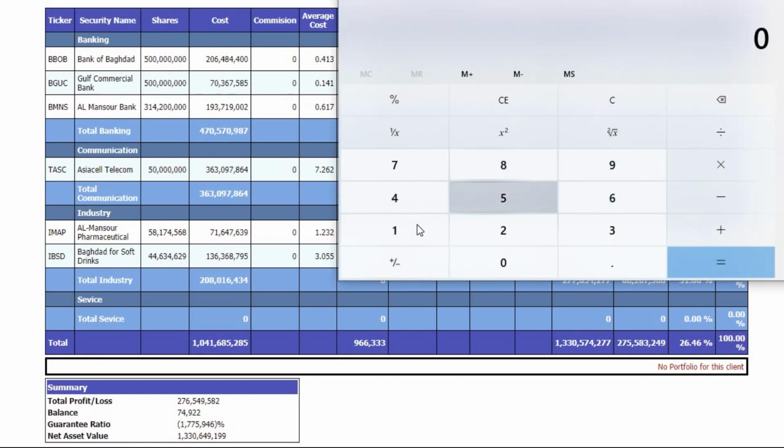Let's say the net asset value is 1,330,649,199. That's the total amount our account in Iraq is worth at this time, and that is in dinar, of course.